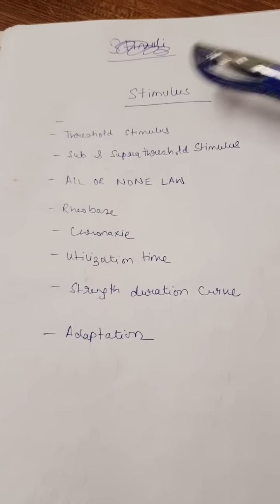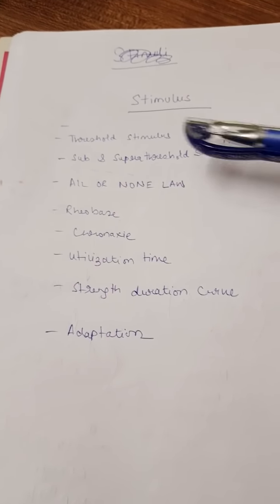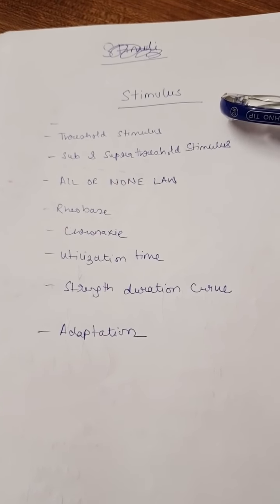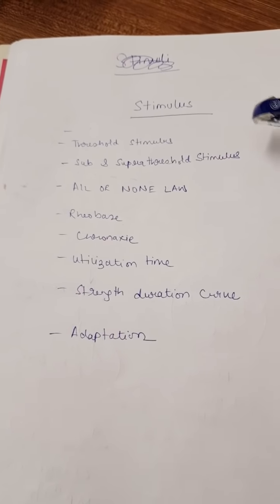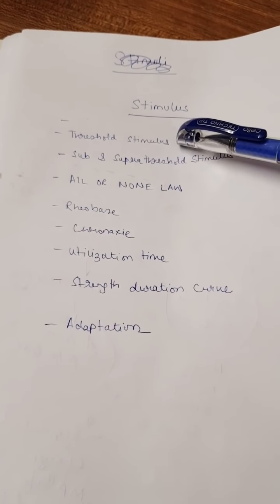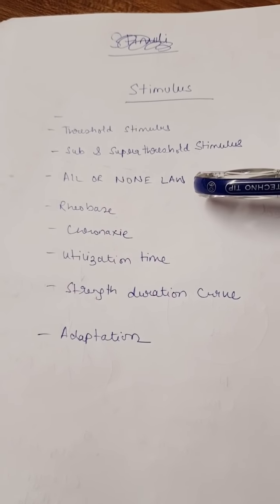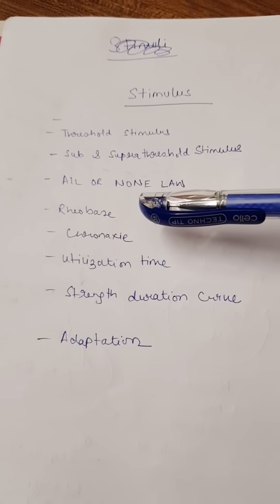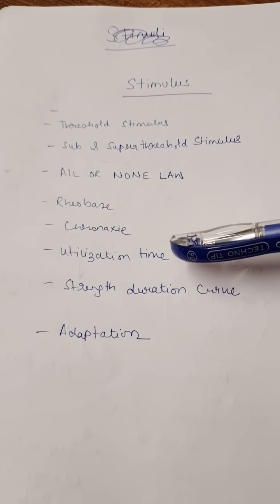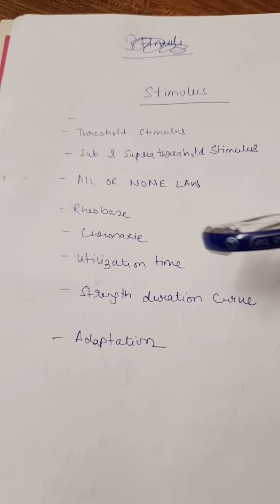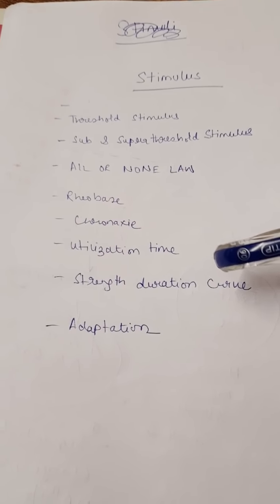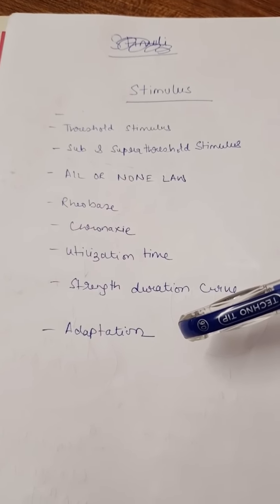Okay, so stimulus is the trigger for development of action potential. Under stimulus we will study threshold stimulus, sub and supra threshold stimulus, all or none law, what is rheobase, what is utilization time, what is chronaxie, what is strength duration curve, and what is adaptation.